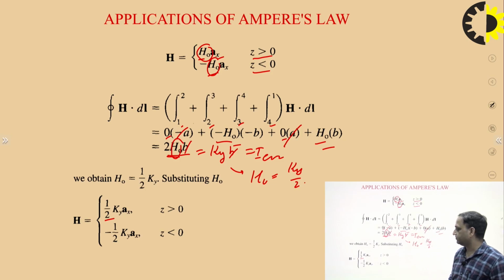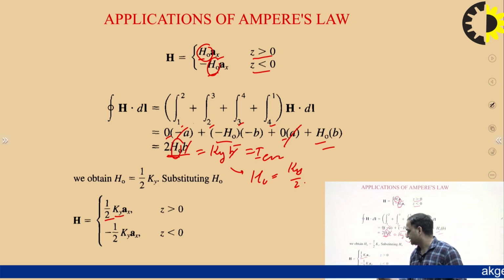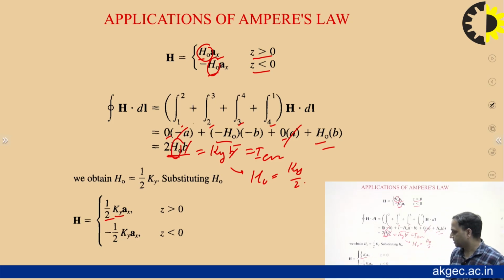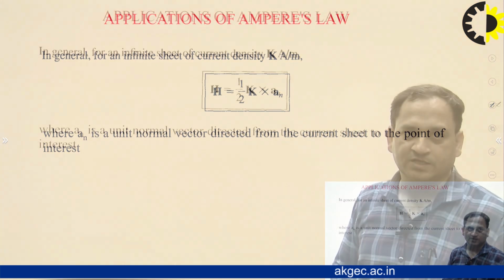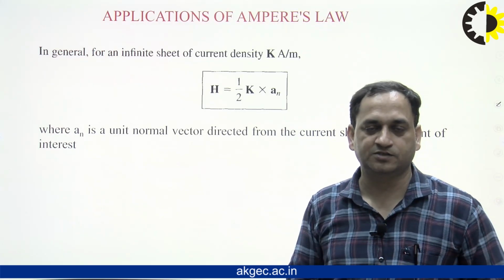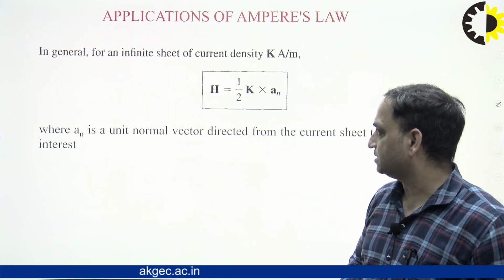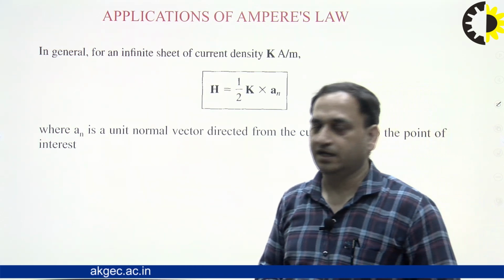So in this way we can find the value of H, for Z greater than 0 and Z less than 0. These two values depend on the sheet current density, that is the Ky, in the plus x direction and the minus x direction. So if we want the general form for an infinite sheet of current density K, then we can write H is equal to 1 by 2 K cross aN.